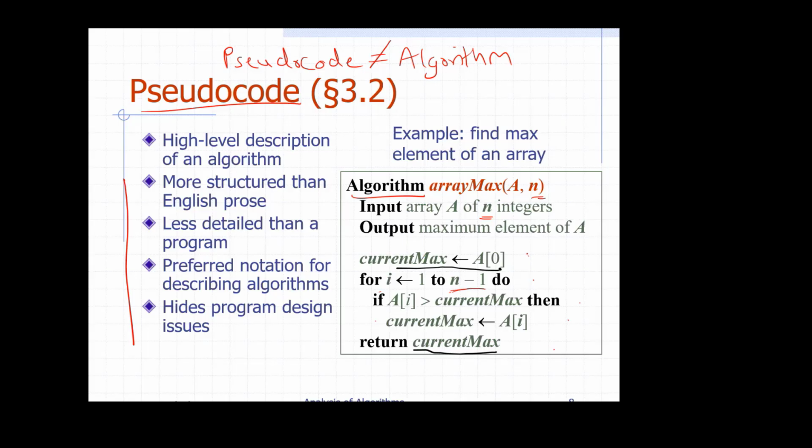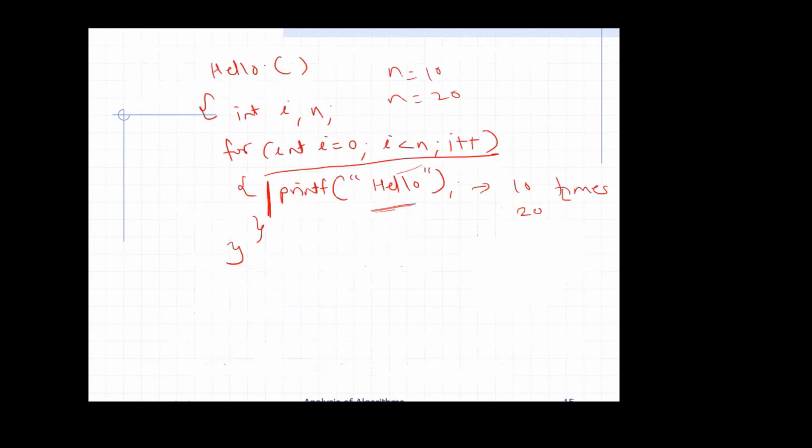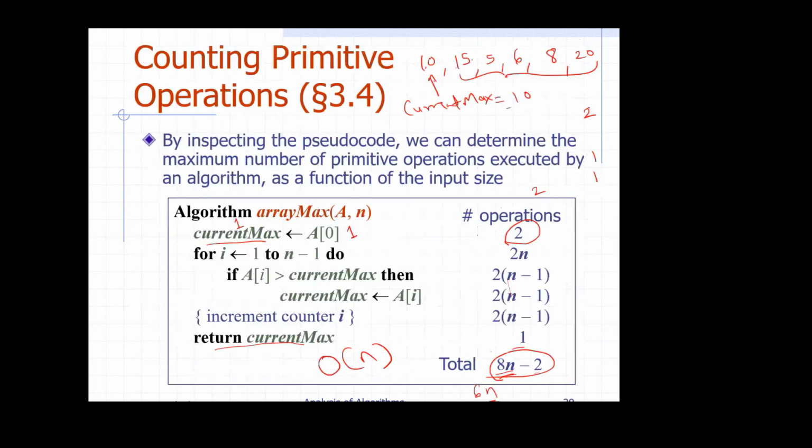I think I had somewhere 8n. If we are counting primitive operations in terms of memory, whatever value we are accessing is 1 unit. So 1 unit to access current max, 1 unit to access a of 0 and assign it to them. So that is number of operations 2.